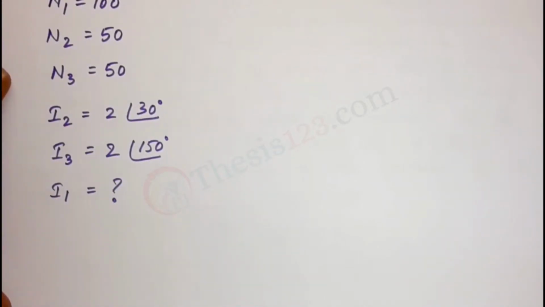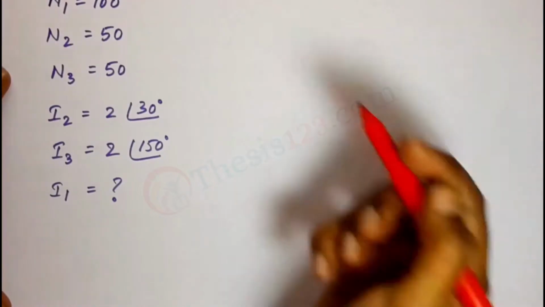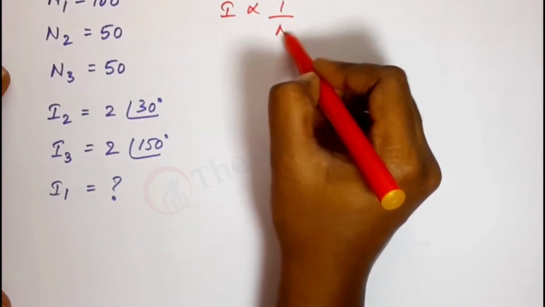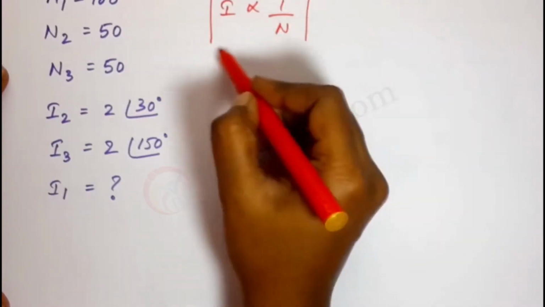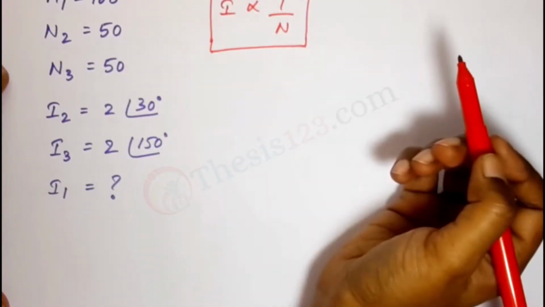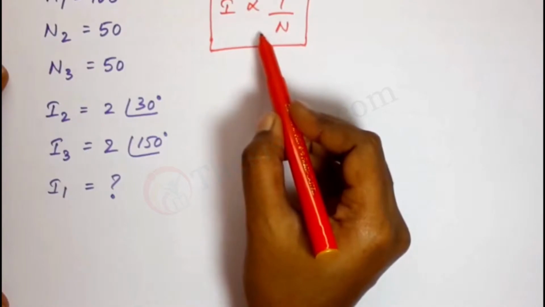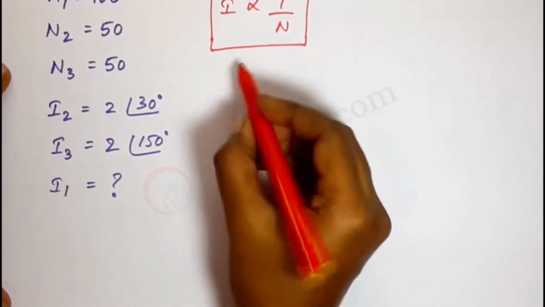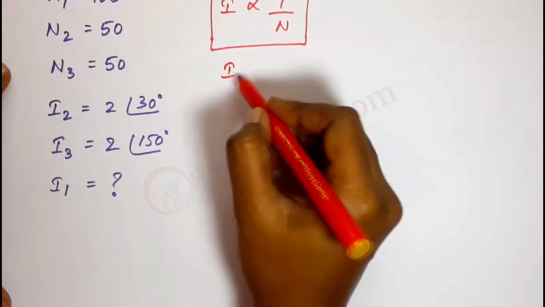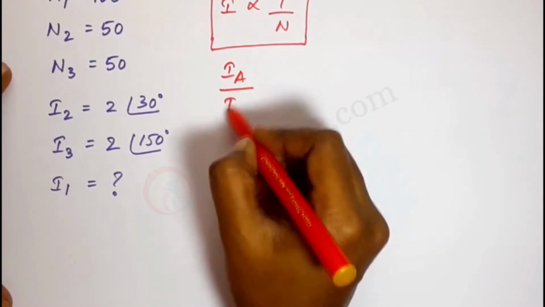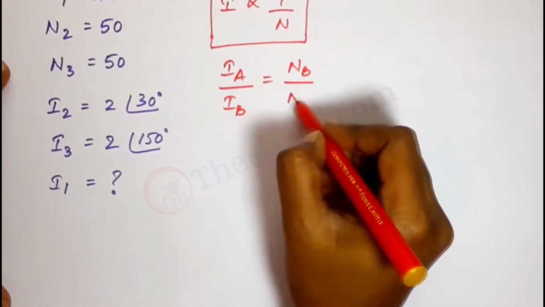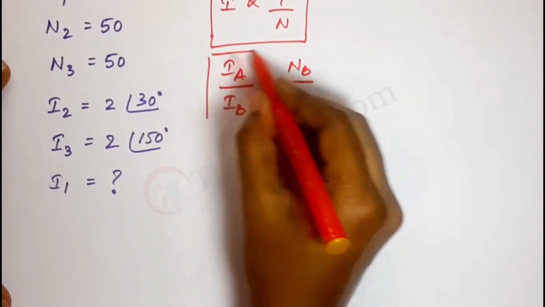Now in general, we know for a fact that I is inversely proportional to the number of turns. Right? Using this, we can write a ratio of 2 currents and 2 turns. For example, I can say IA divided by IB is equal to NB divided by NA.